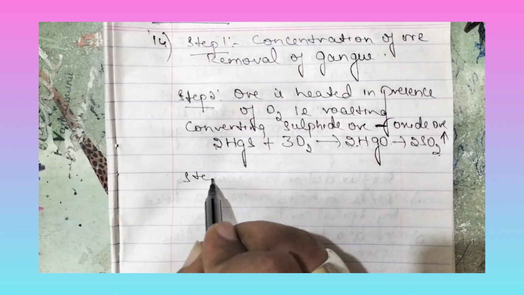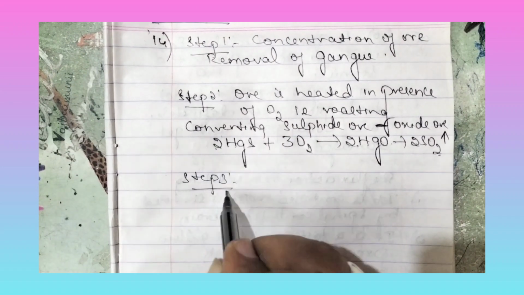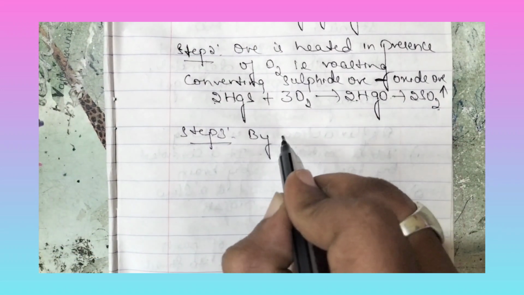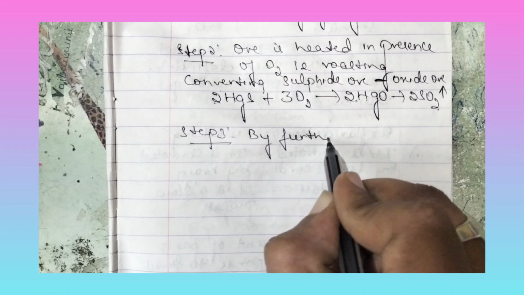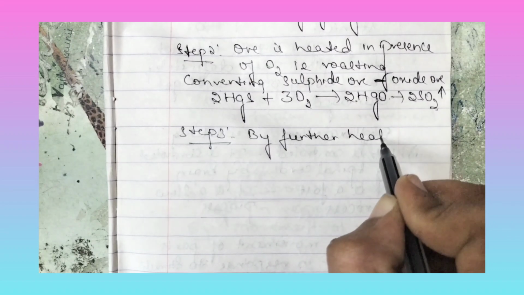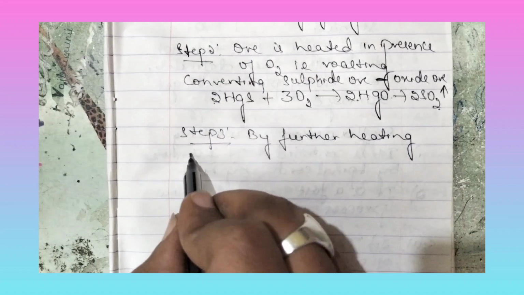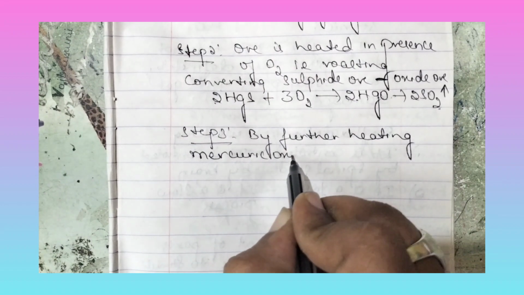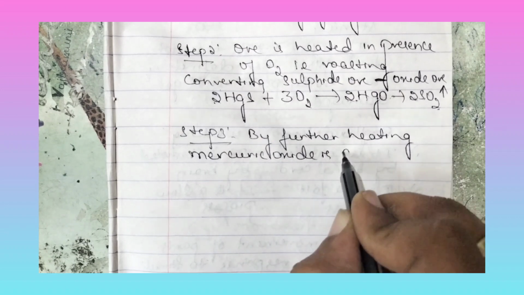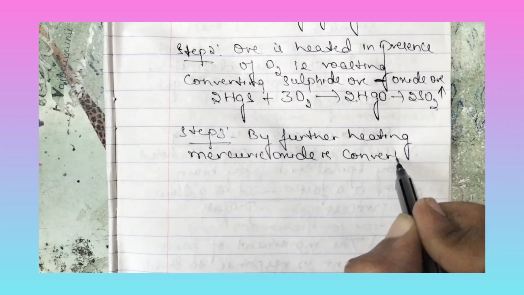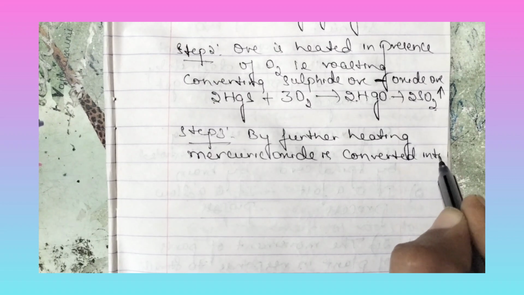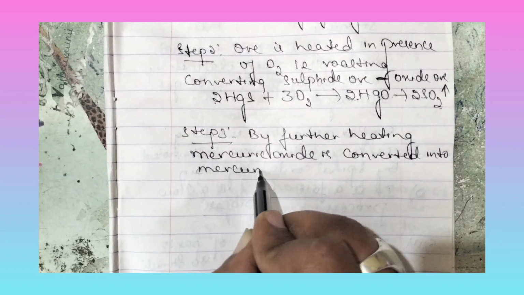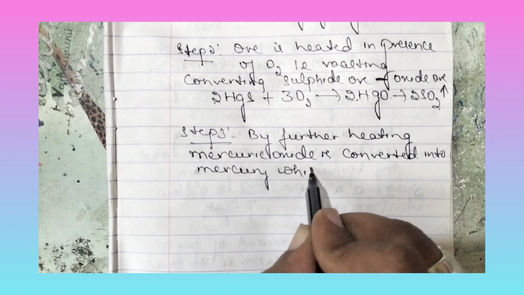Then step number 3: by further heating, mercuric oxide is converted into mercury, which is a crude metal.